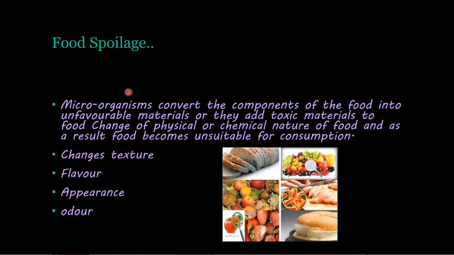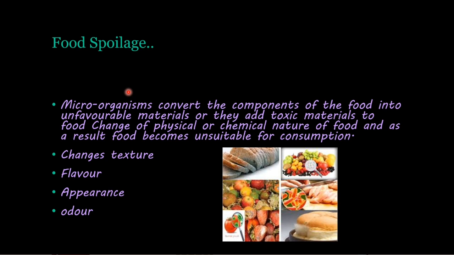And food spoilage, as I told you, the simple meaning of food spoilage is that food becomes unfavorable for consumption due to the changes of its nature or its properties.